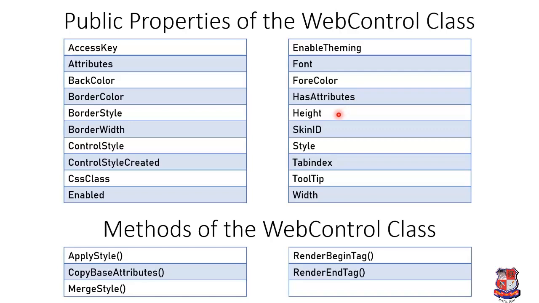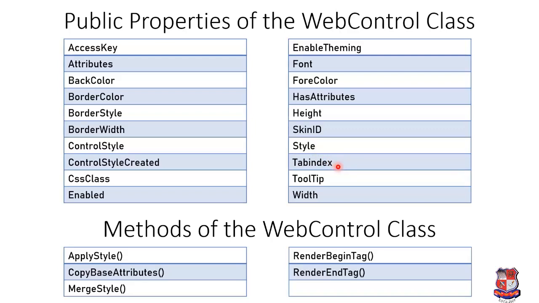Next is Height. It is used to obtain the height of the web server control. Next is SkinID. It is used to obtain the skin to apply to the web server control. Next is Style. It is used to obtain a collection of text attributes that will be rendered as a style attribute on the outer tag of the web server control.